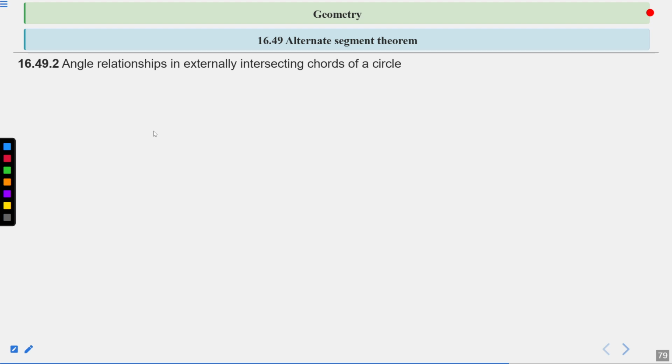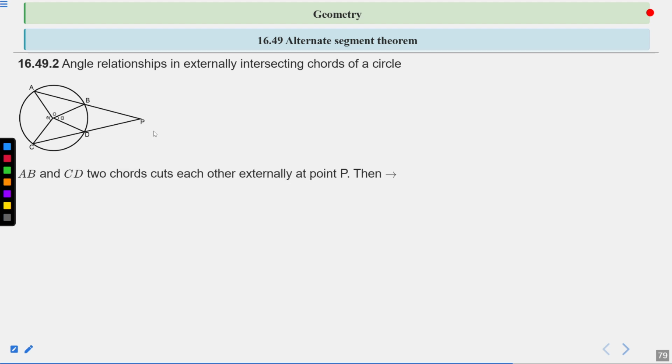Alternate segment theorem. There is a formula of angle relationship in externally intersecting chords of a circle. So this is the diagram in which two chords AB and CD externally intersect at point P. Then angle APC equals angle BPD, and this equals theta minus alpha by 2, where this angle is theta, the exterior angle, and this angle is alpha.